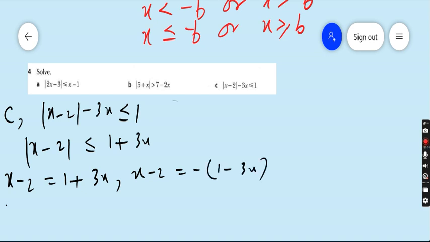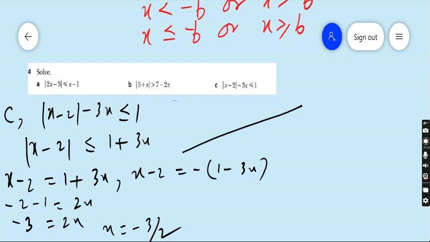So minus 2 minus 1 is equal to 3x minus x is 2x, minus 3 is equal to 2x, and x is equal to minus 3 upon 2. From here, x minus 2 is equal to minus 1 plus 3x, and minus 1 is equal to 3x minus x is 2x. X is equal to minus 1 upon 2.